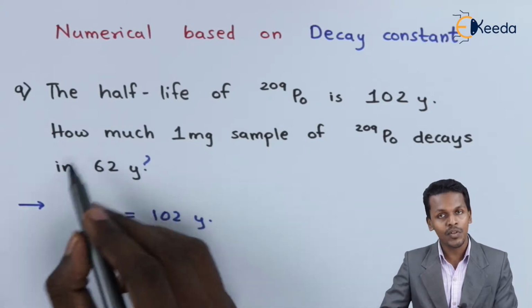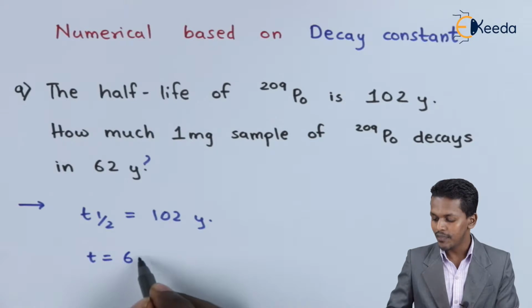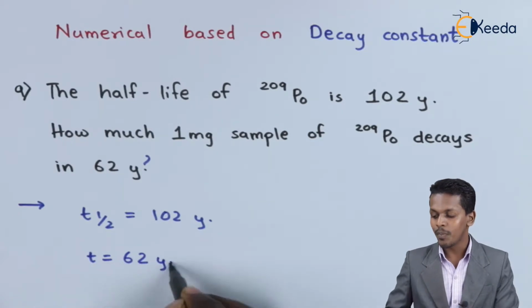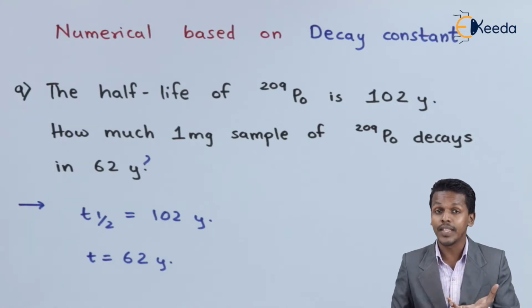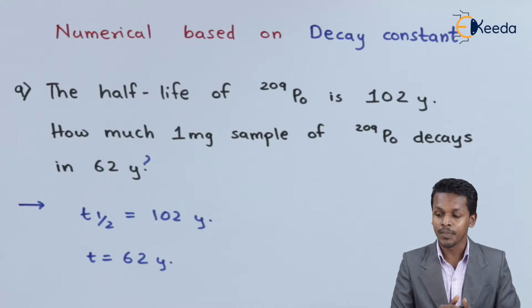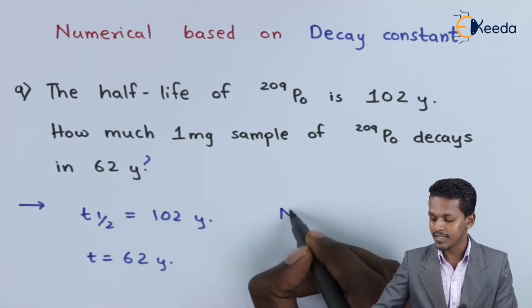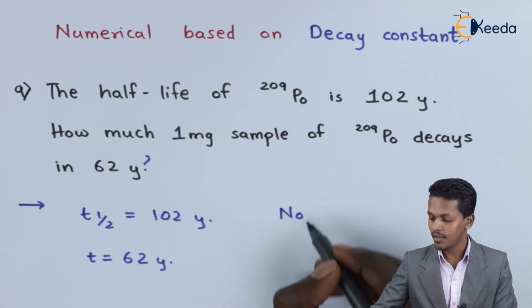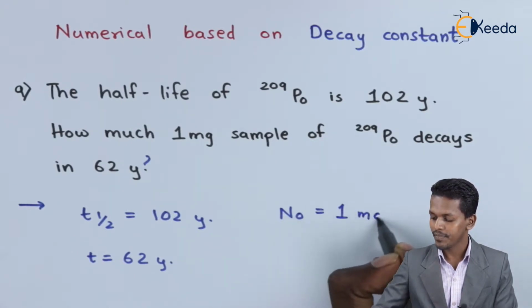The time is also given, that is, within a period of 62 years we have to calculate how much it will decay if the initial amount of polonium, which I could write here as N naught, is 1 milligram.